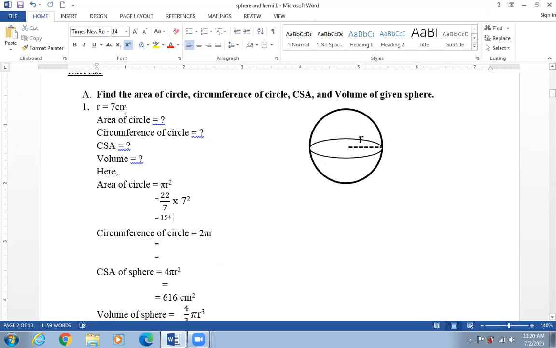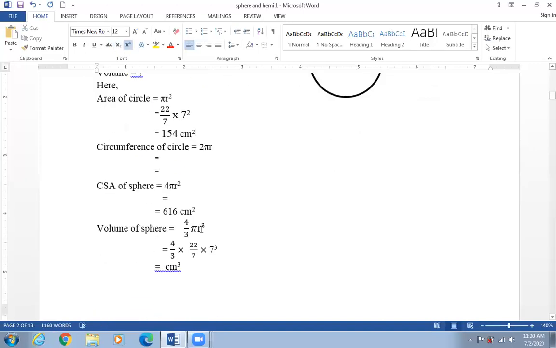Is this question given in centimeter or meter? It is given in centimeter. So your answer should be square centimeter. Okay, 154 square centimeter is going to be our answer.